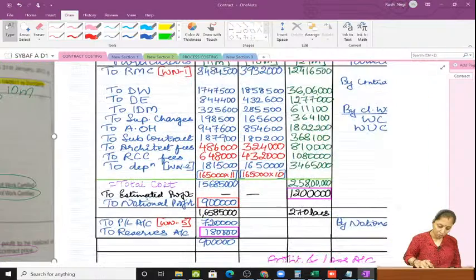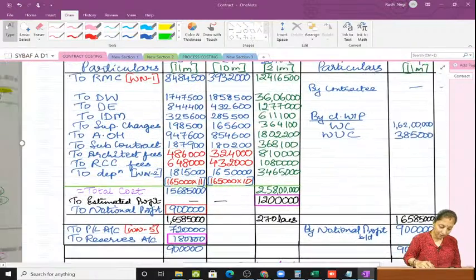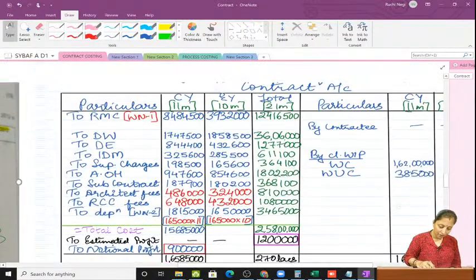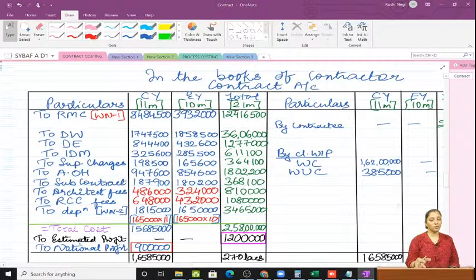So this is the format of an estimated contract, where you will be taking the current year, the estimated year, and then the total on the same.